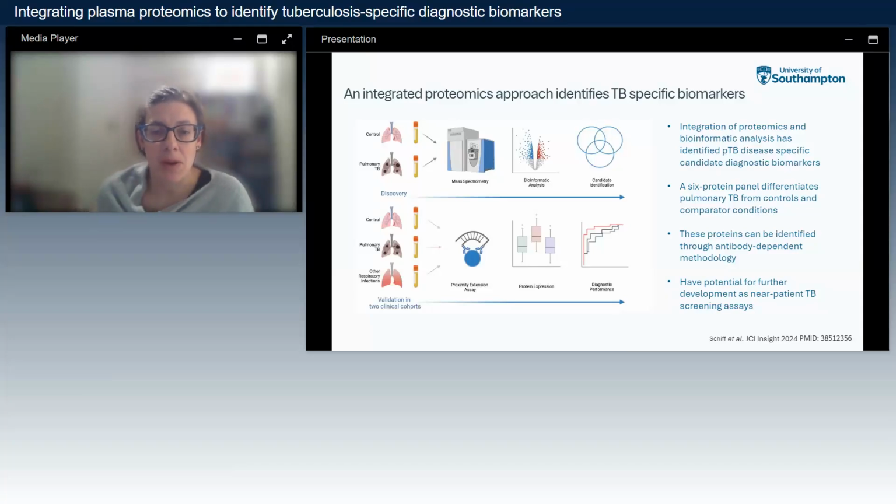And also really what the patient need in TB is in lower resourced countries, and actually taking diagnostics out of healthcare facilities closer to communities and homes and patients is what's required.